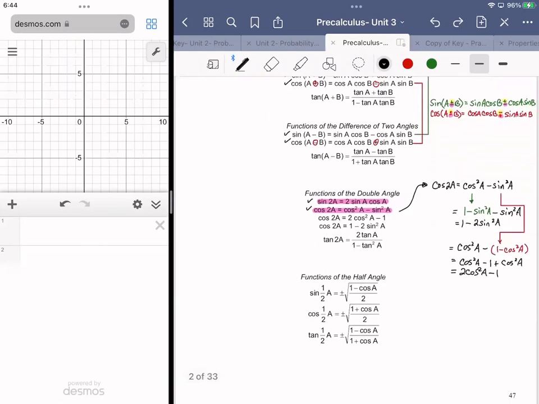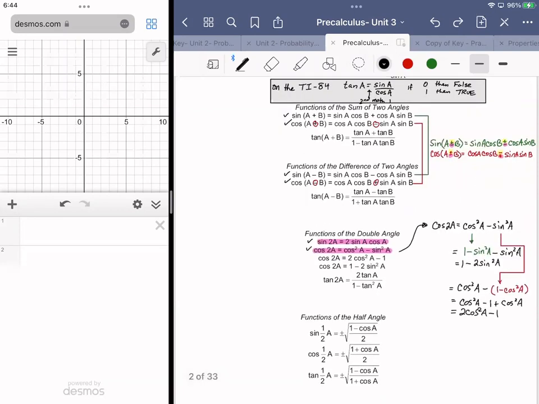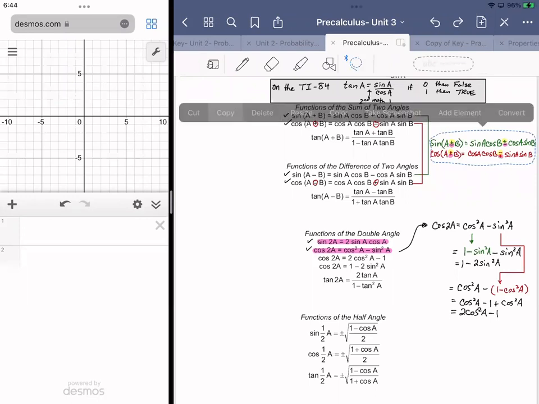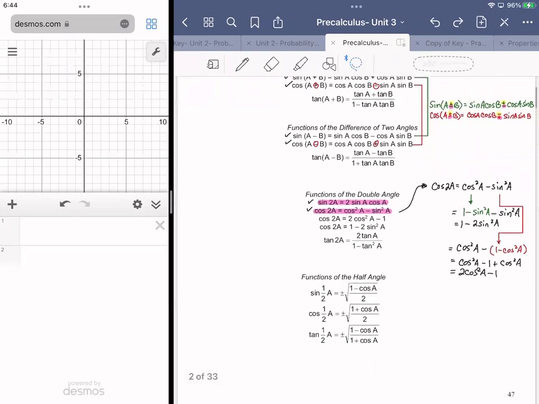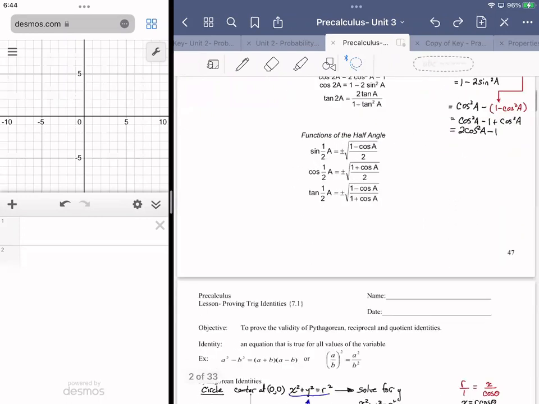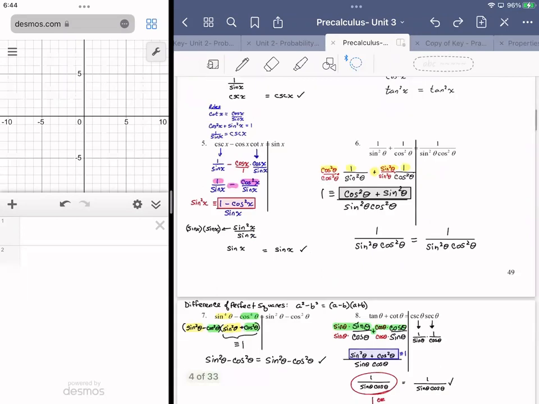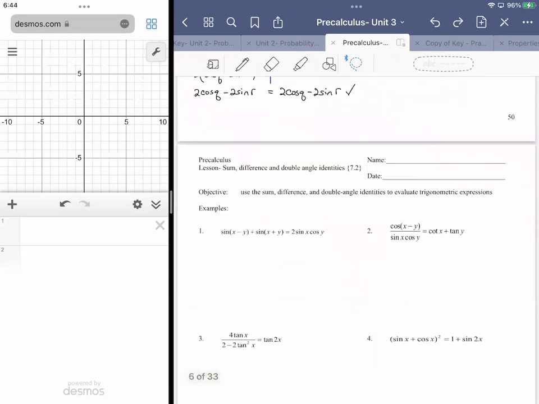So I'm going to snag really just these two to get started, because I'm going to bring these over to that other page with the identities. And identities are interesting, I think, but they also serve a purpose other than just being fun math puzzles.